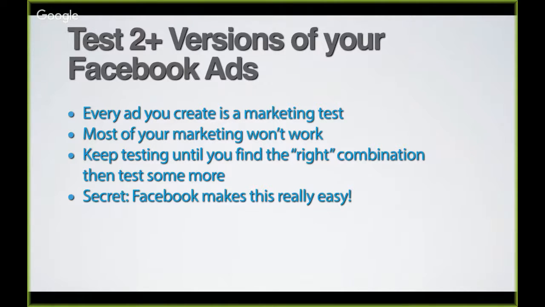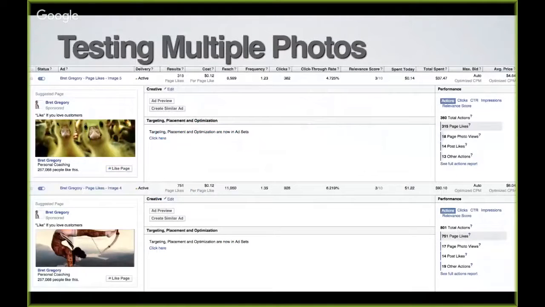And I say, well, how many ads did you do? And he said, well, 1. I said, well, remember when I told you to do 10? And I said, how much money did you spend? He said, well, $5. I said, okay, great job getting started, but you're just getting started. You need to do it again. You can't just do it one time and expect to hit a home run.